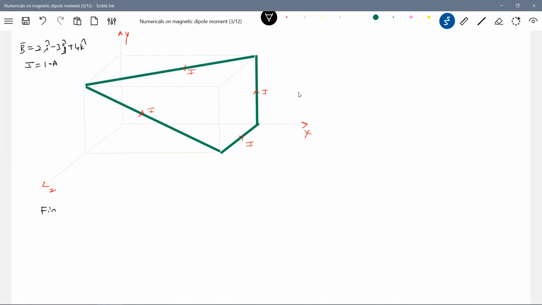Find the net force, dipole moment, and net torque on the loop. What can you do here?